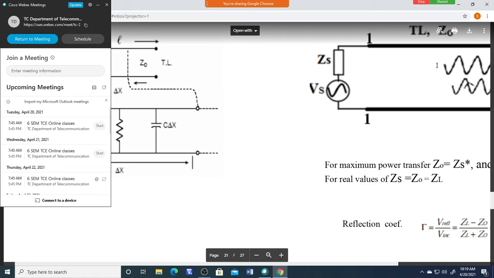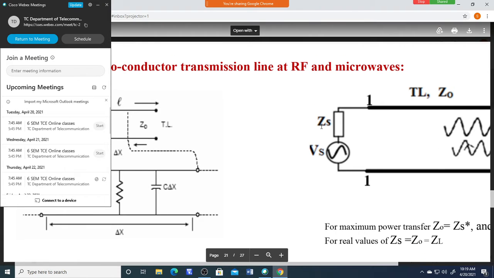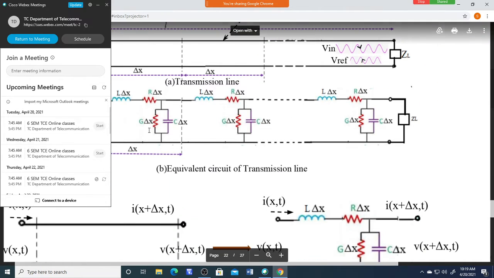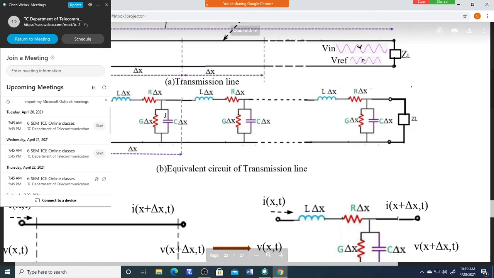This characteristic impedance must be matched with the ZS, as I told. So this Z0 is very important. That Z0 depends upon this L, R, C, G. If you know these values, you can calculate that characteristic impedance. We will see that equation later.